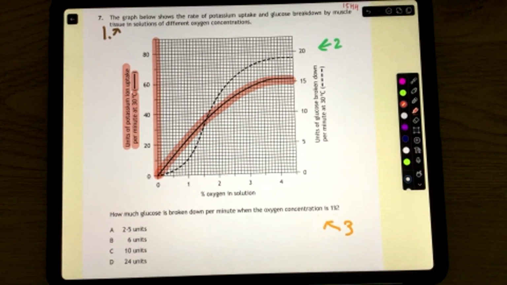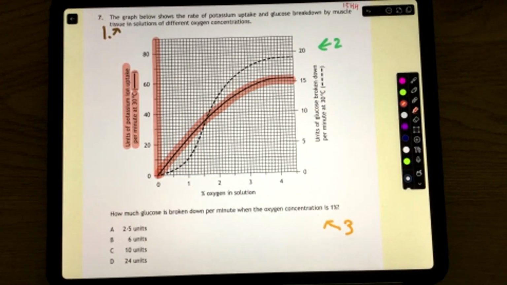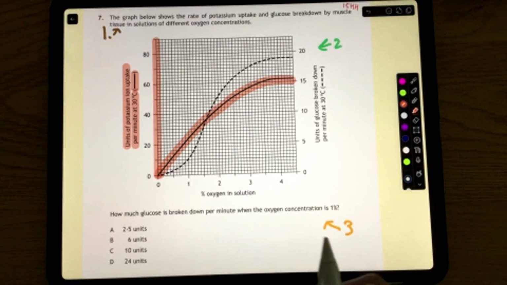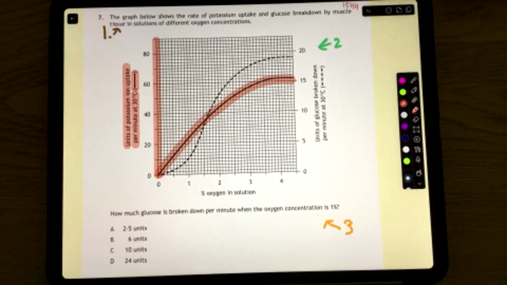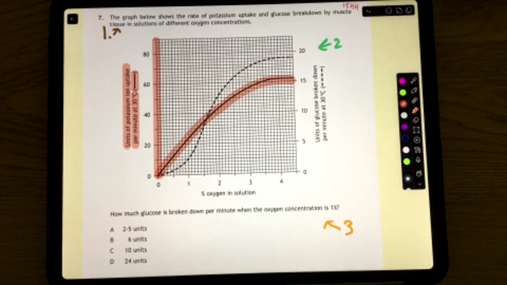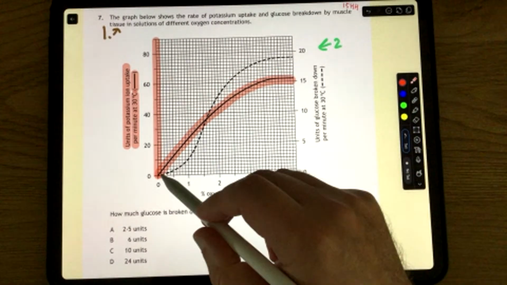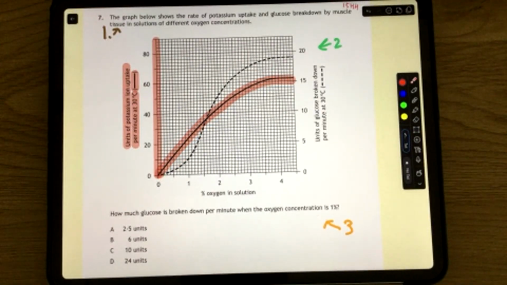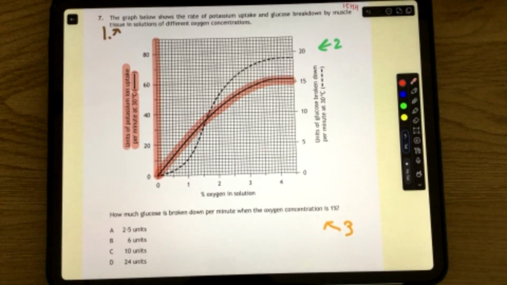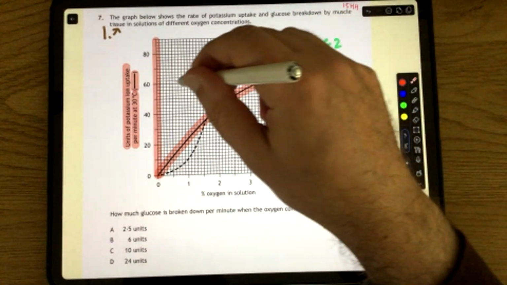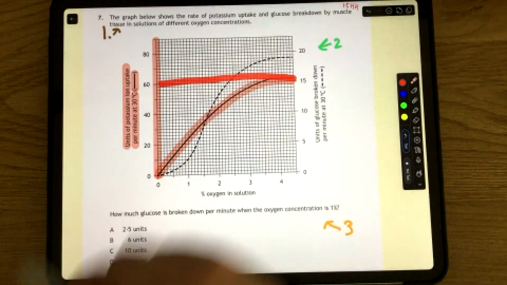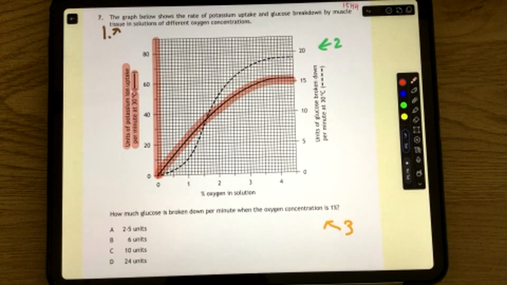So why I've done this is because if I'm going to be asked a question on potassium ion uptake, I'm going to get my reading from this dark solid line, but I'm only going to take the reading from the scale on the left hand side, which matches up to the highlighter, okay?